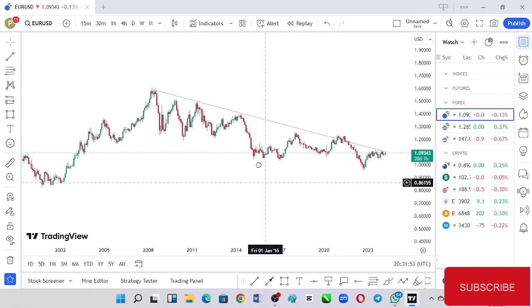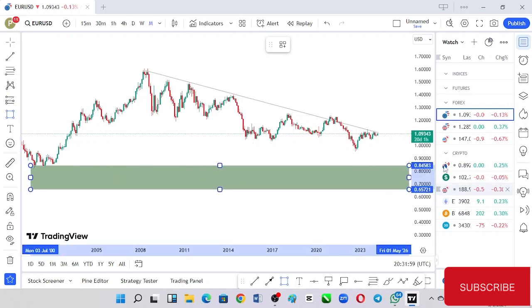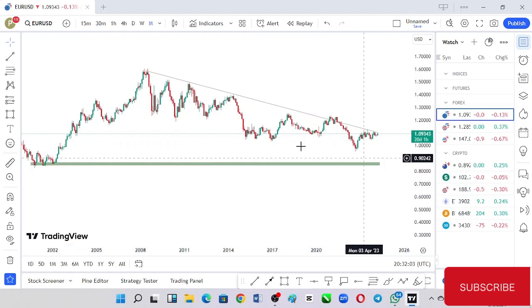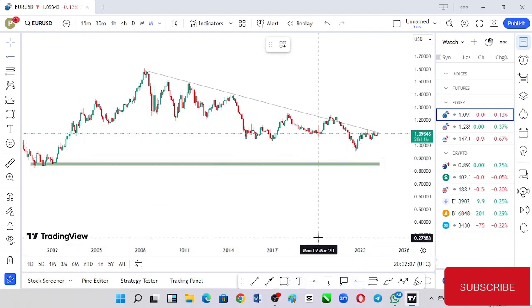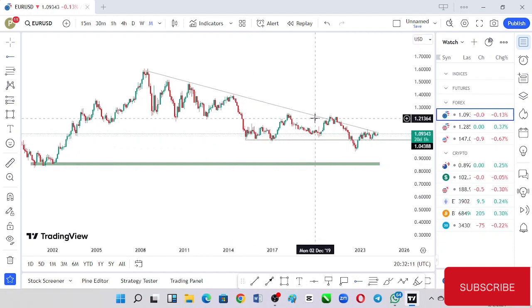And then from the monthly time frame, you could see that we have our major support level here. We have our major support area here. And then we have another support level right about here. Now we had several touches over here.